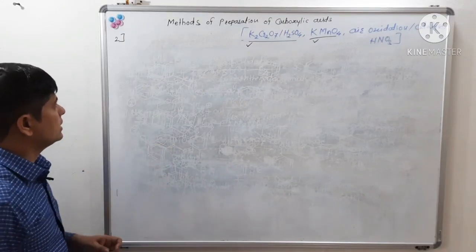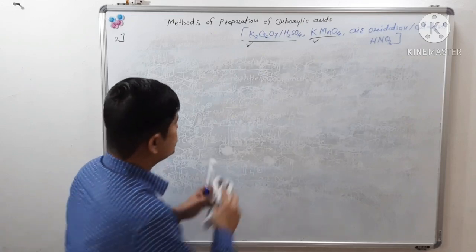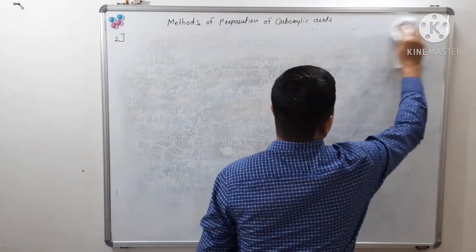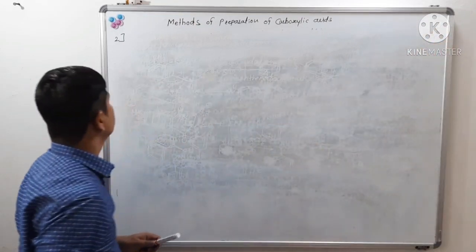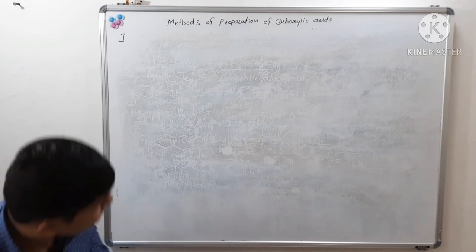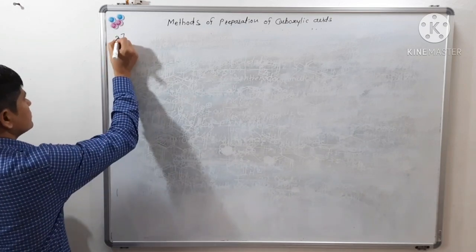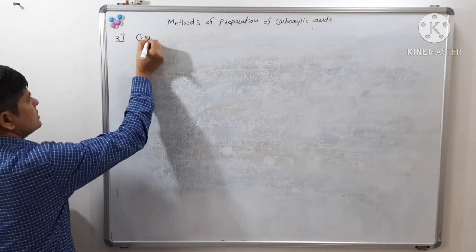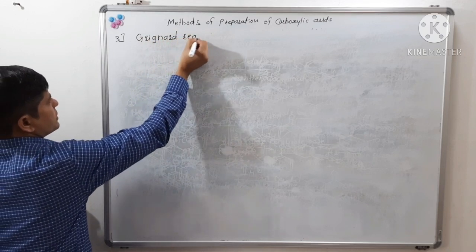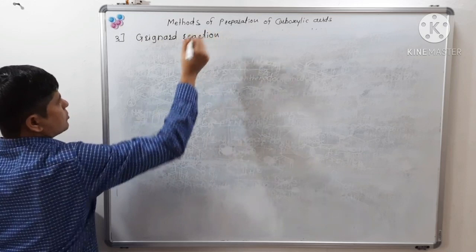So we don't want these reagents now. These are what? Oxidizing reagents. See, this is the Grignard reaction for the preparation of carboxylic acid.